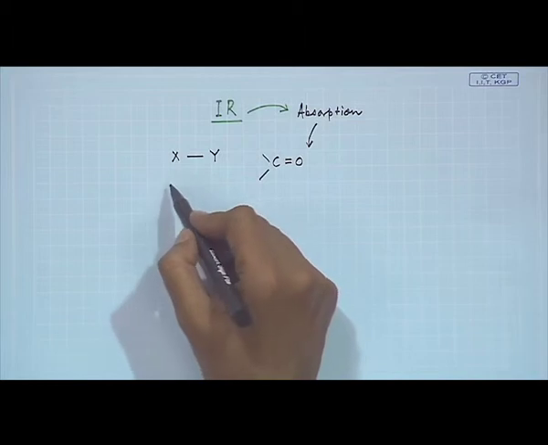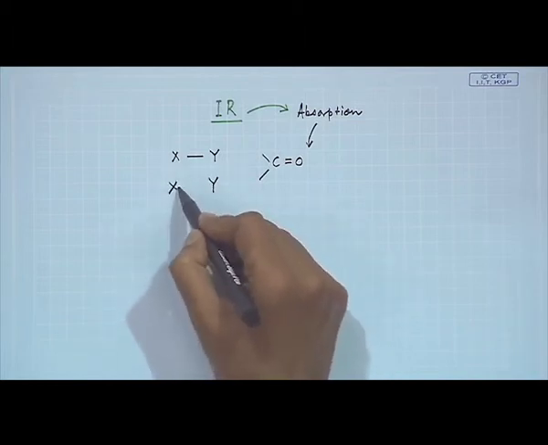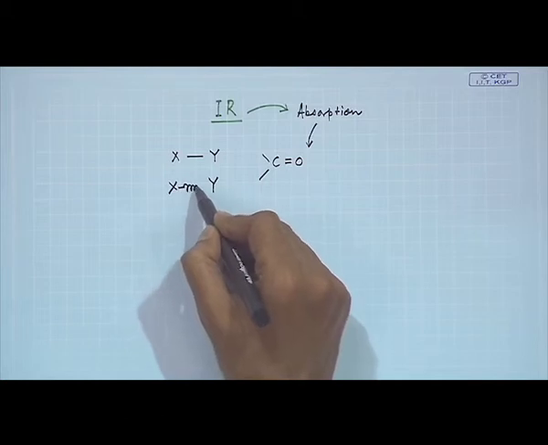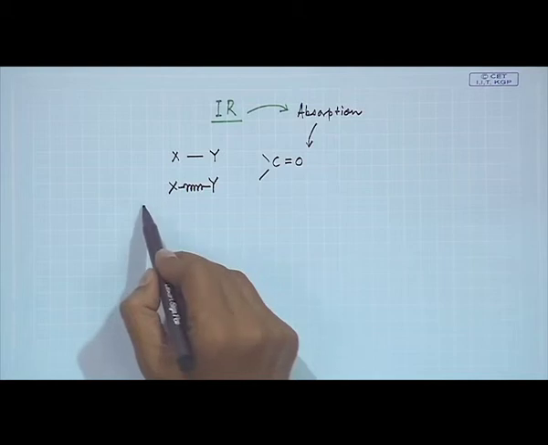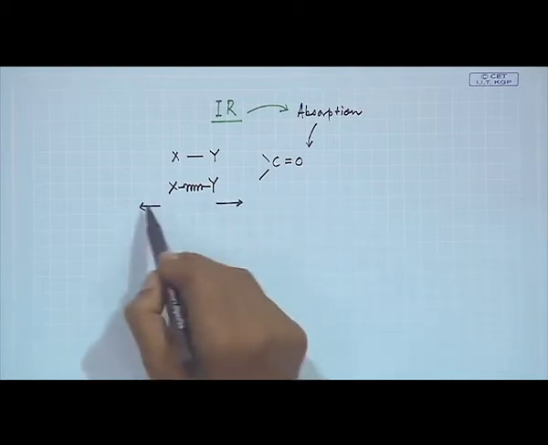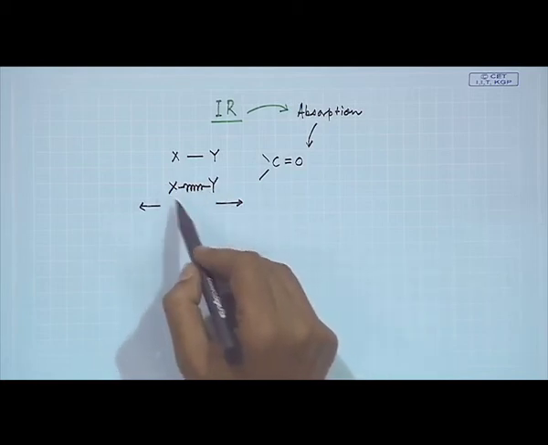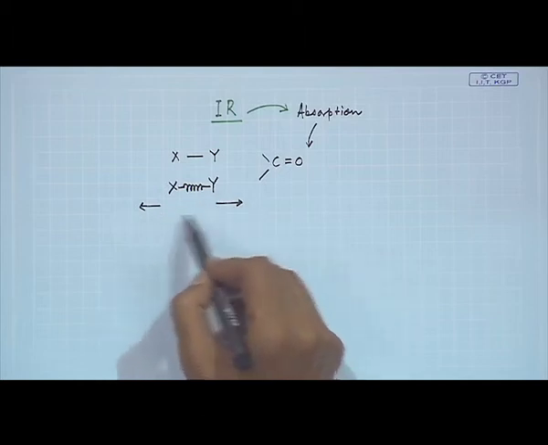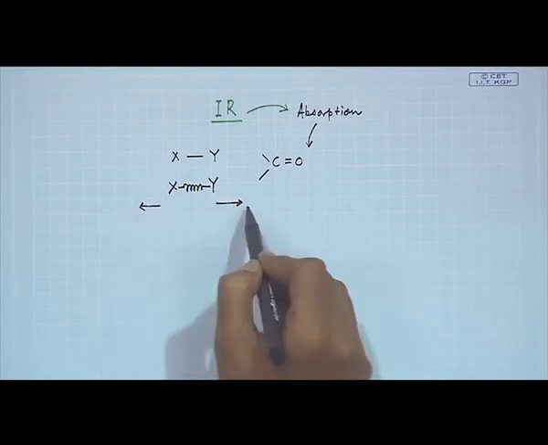How does it look? X is attached to Y, and if that is attached to, say, some spring type of thing, and if we try to elongate this bond, we know that it has the corresponding equilibrium internuclear distance, and if we try to stretch it, we get some frequency for that.